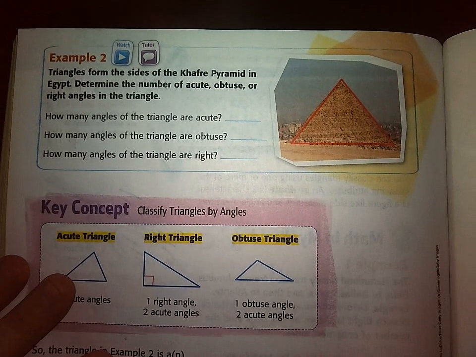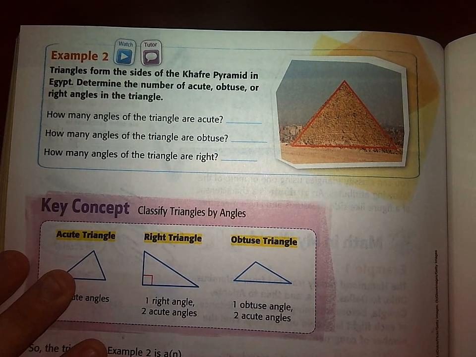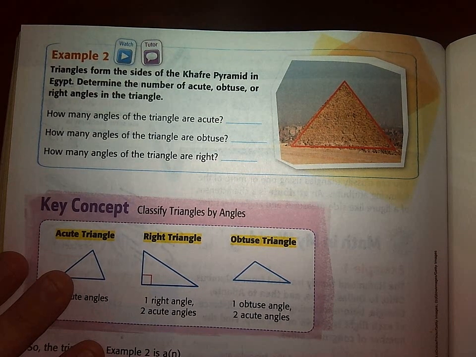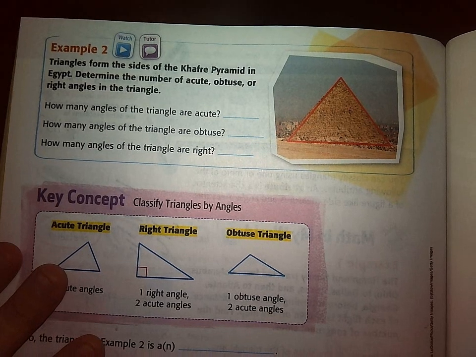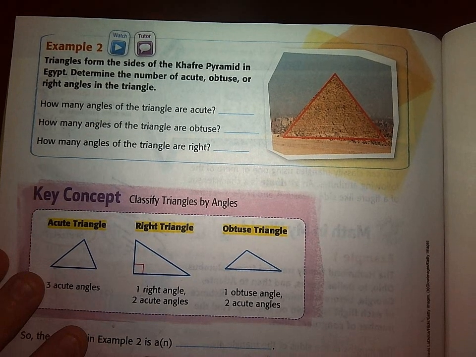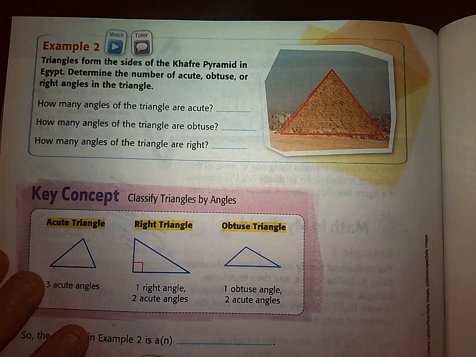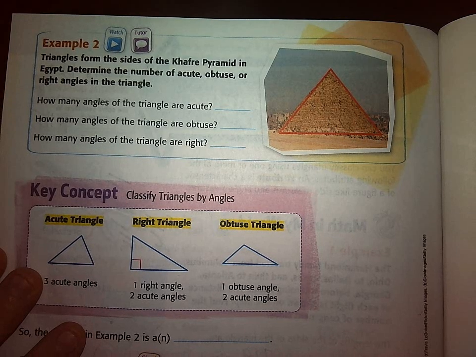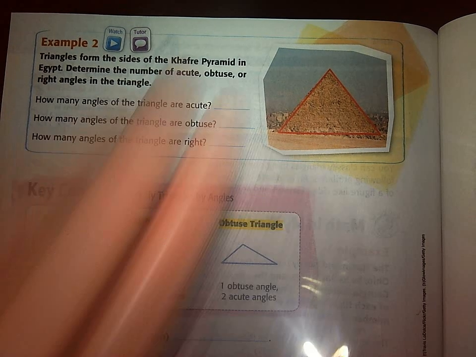Okay, let's turn the page. It says, triangles form the sides of the Khafre, I need to look that up, pyramid in Egypt. Determine the number of acute, obtuse, or right angles. So we would have to measure them.